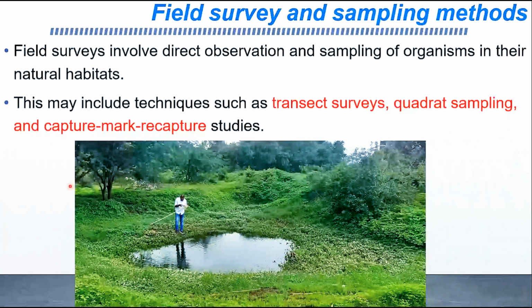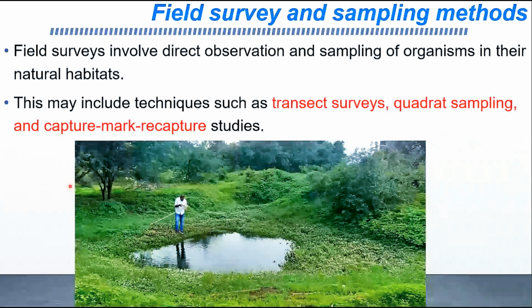Okay, now we'll look at the first method. The first method is called field survey, right? Where you go to a particular water body and you use different sampling methods to understand what is present in that habitat or in that ecosystem.